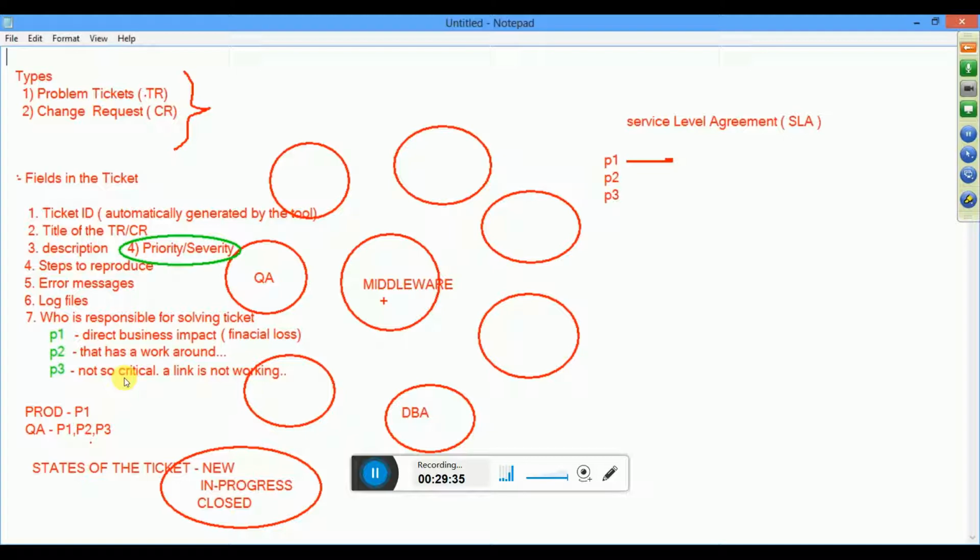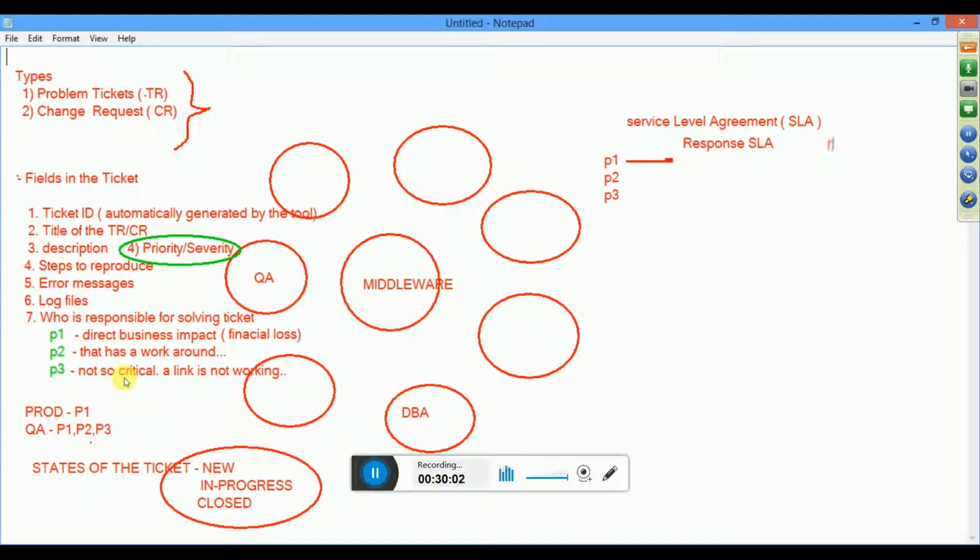So you did not see the alert message. Every time a request is raised, there are 2 kinds of SLAs. One is a response SLA, which means within X amount of time you need to respond back saying that yes, we are looking at it, or else update the ticket with proper details.